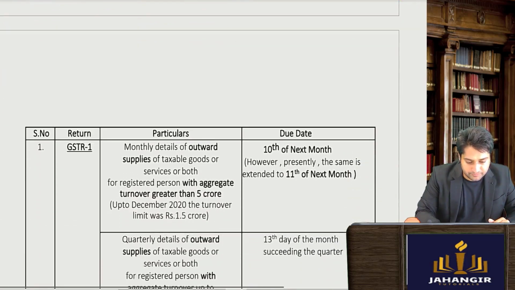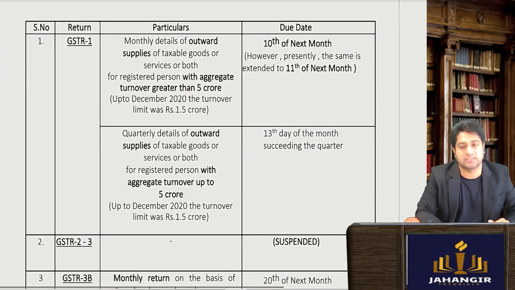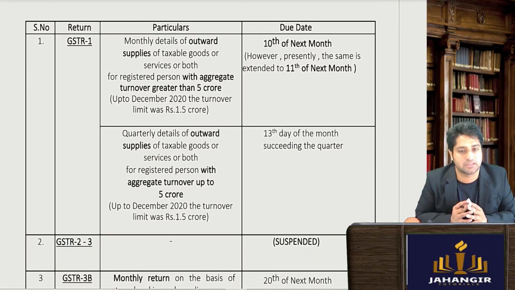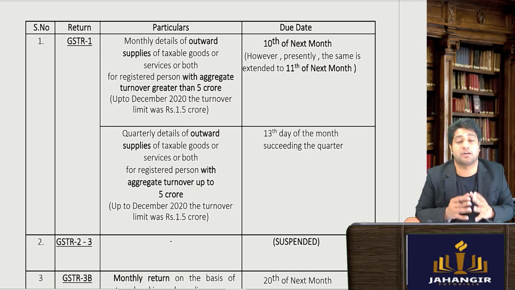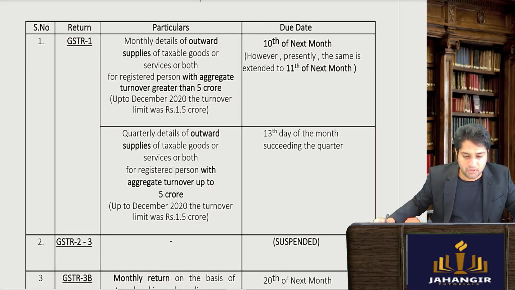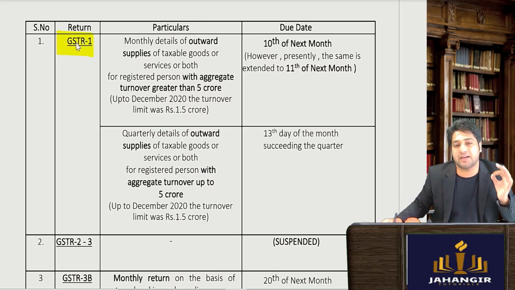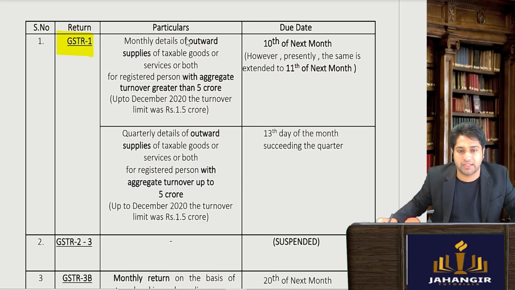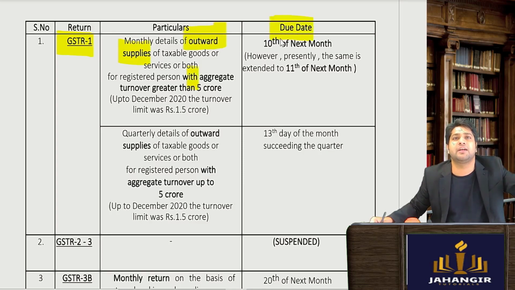Moving forward, let's see that there are certain returns and the due dates to file these returns. Now this is amended as per 2021. So GSTR 1 हम लोग ने बोला था GSTR 1 किसके रिलेटेड होता है? Details of your sales. So it is an outward supplies return, the details of your supplies. For registered persons, now we are seeing the due date कि कब तक ये रिटर्न फाइल करना है.